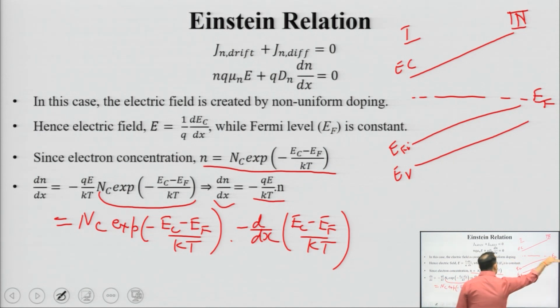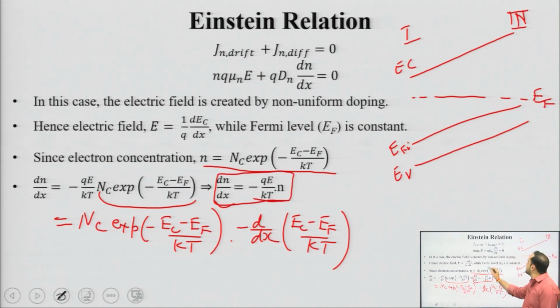Now, the Fermi level is constant with respect to x. So, dE_f by kT is going to be 0, but E_c varies with respect to x. So, you are going to get dE_c/dx, which is nothing but q times E. Finally, you are going to get this expression here.